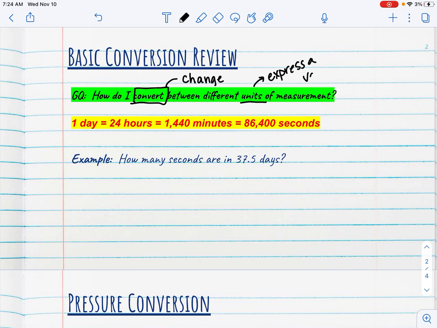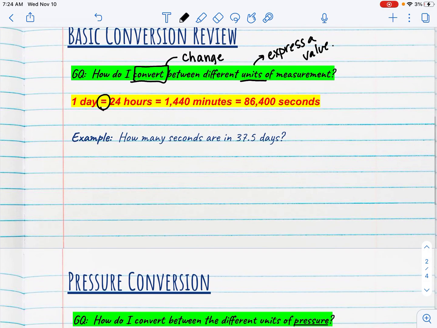a value. And we know that in science, most of the time numbers don't mean much without units. So here is a set of units we might be familiar with, right? So we know 1 day is equal to 24 hours. So what that means is I know that the number 1 and the number 24 don't look like they're equal in value, but they're just a different way of expressing.